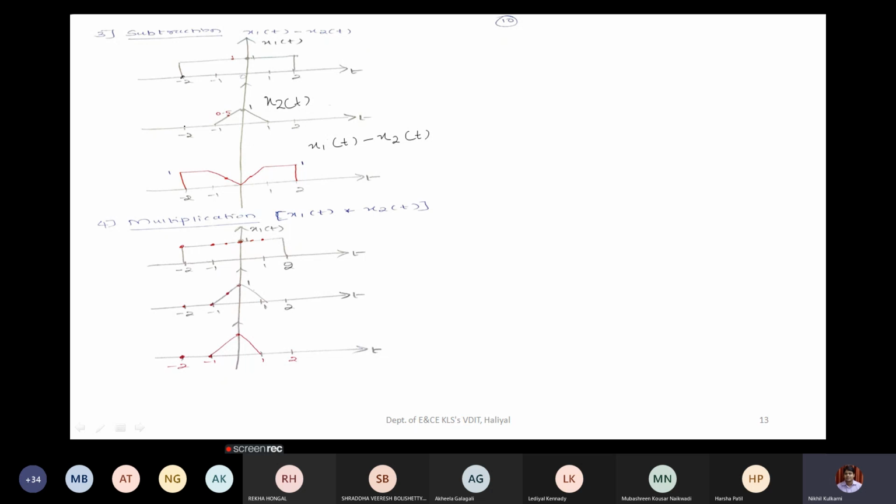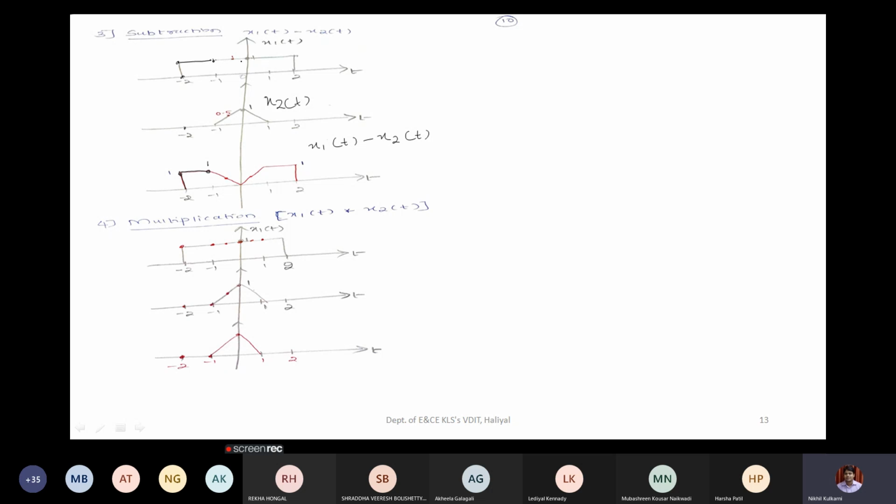At -2, what is the amplitude? It is 1 and 0. 1 minus 0 will be 1 only, so no change. From -2 to -1, x1 is 1 and x2 is 0, so 1 minus 0 will be 1 only till the -1 point. At -1 it is again 1 and 0, so it will be 1 only.